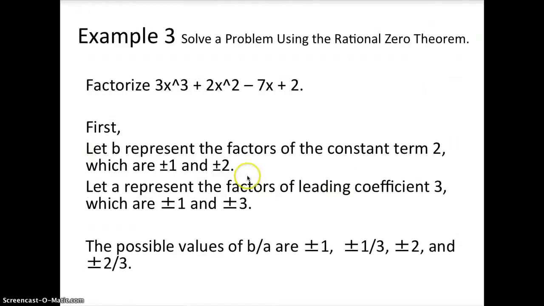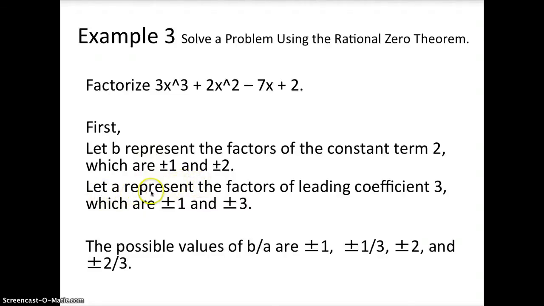For example 3, solve a problem using the rational zero theorem. Factorize 3x cubed plus 2x squared minus 7x plus 2. First, let B represent the factors of the constant term 2, which are positive and negative 1 and positive and negative 2.